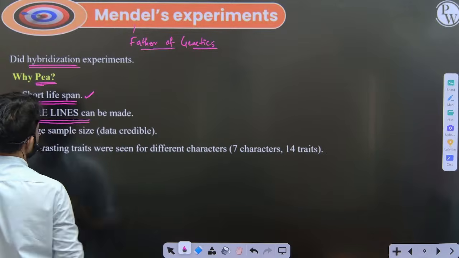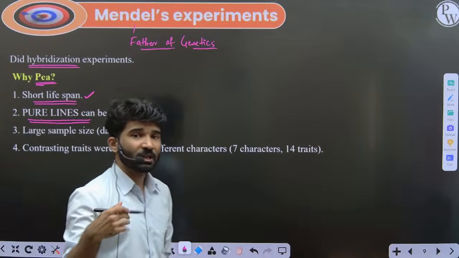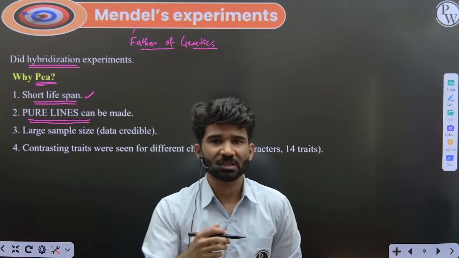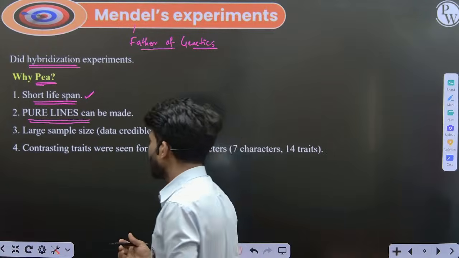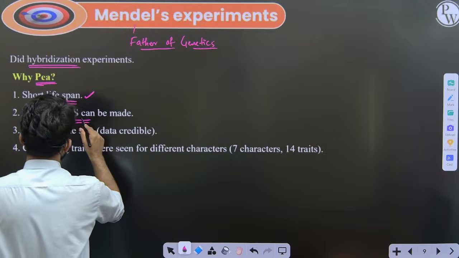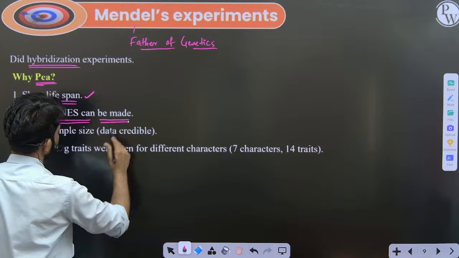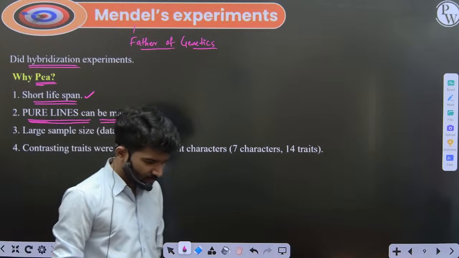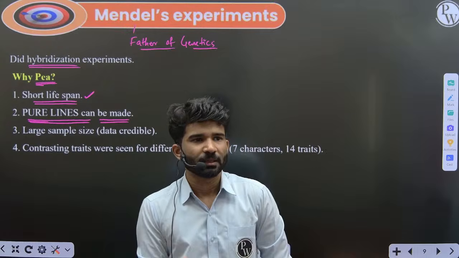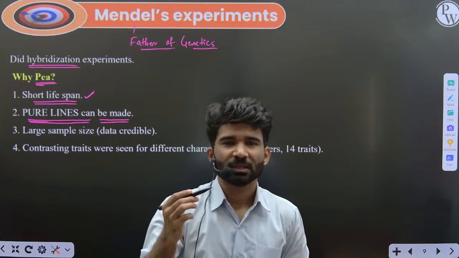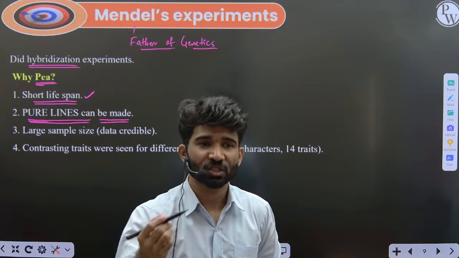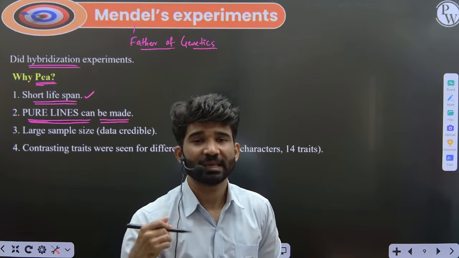One of the successful features of Mendel's work is that he got pure lines. In the previous work, they didn't know how pure lines are formed. So what are pure lines? It is also called pure line breeding. This involves continuous self-pollination within a plant over many generations.